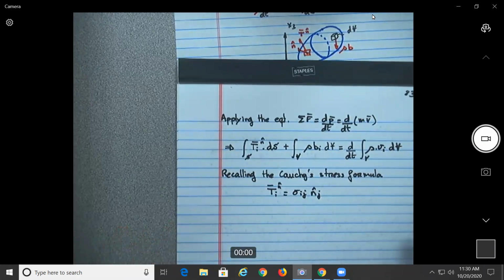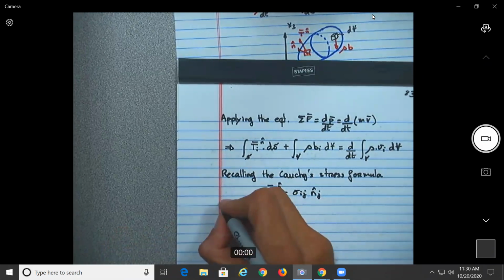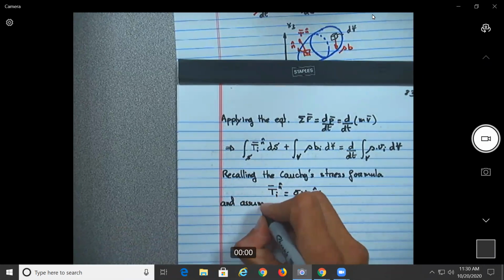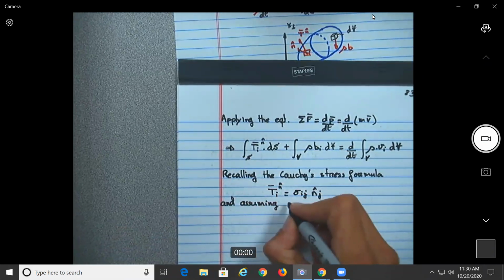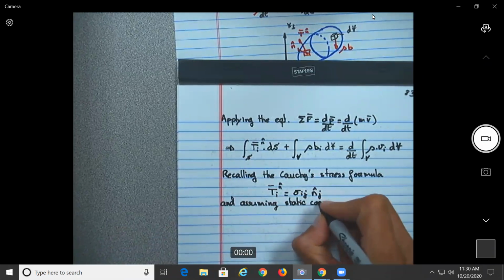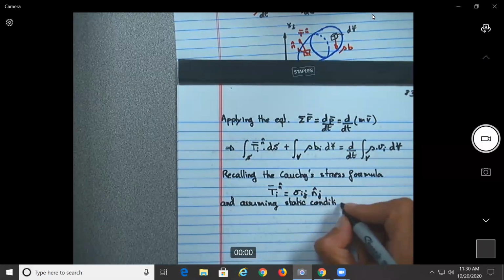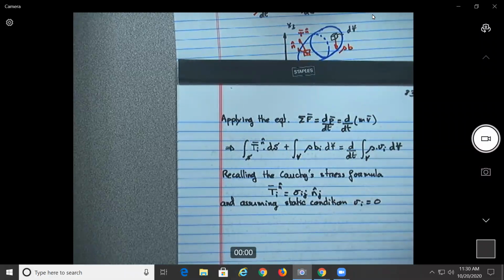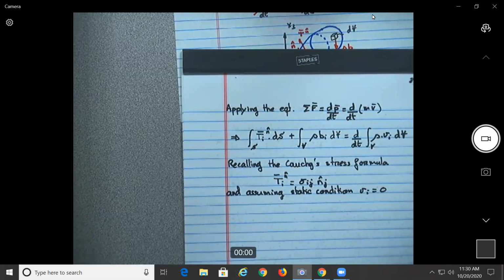Okay? And initially, and assuming static condition, which means what? V sub i equal to 0.